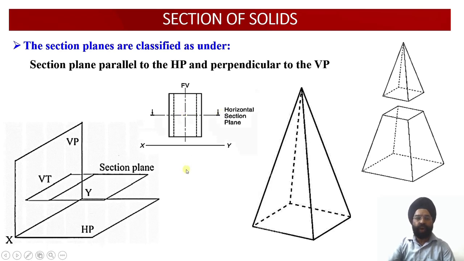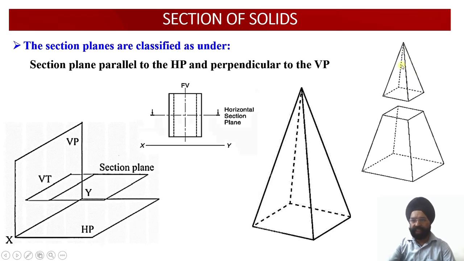Now in the top view onto the horizontal plane, whatever shape will be available, this sectional top view is going to give us the true shape of the cut solid. Similarly over here is a surface, that is the section surface, which happens to be parallel to the horizontal plane or parallel to the base.